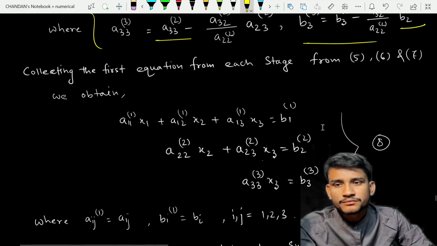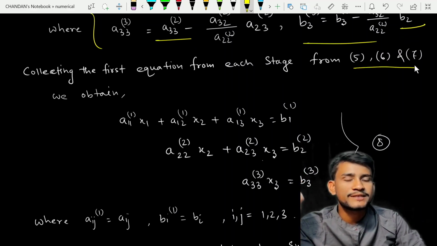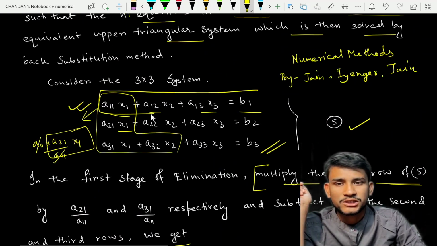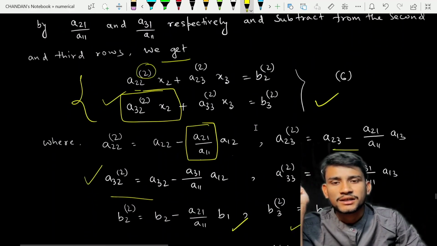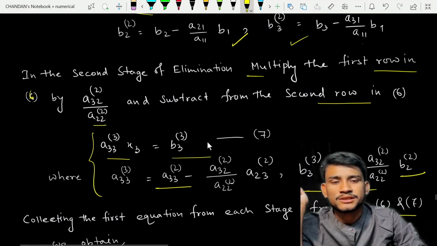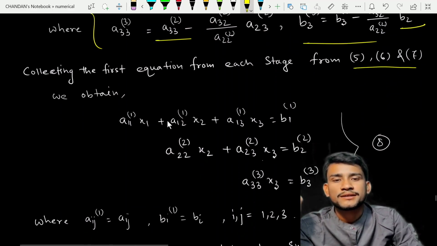Okay, so collecting the first equation from each stage, from 5, 6 and 7. This is system 5. Taking this equation, this one and this one from 5, 6 and 7, we get these three equations.